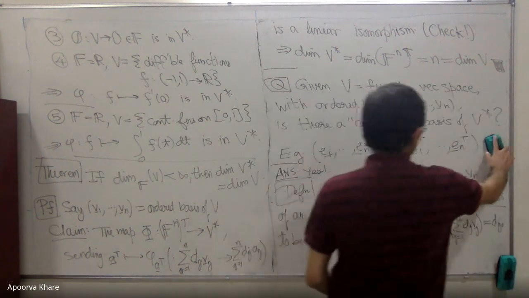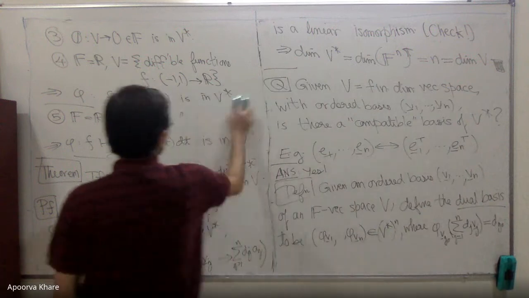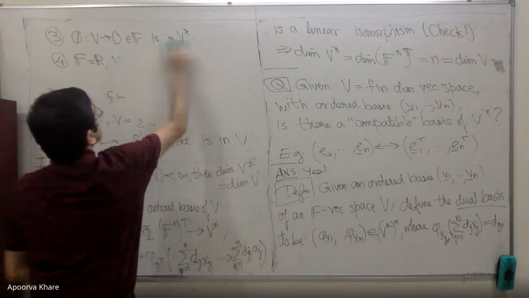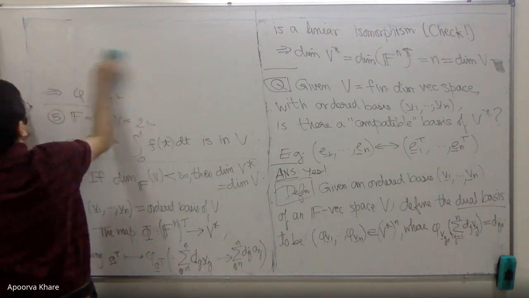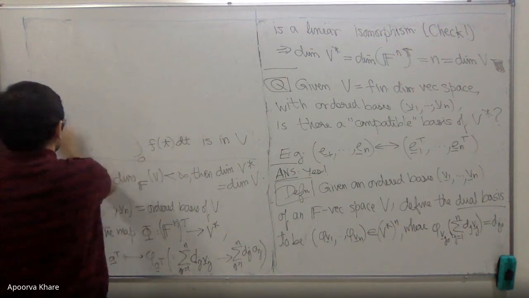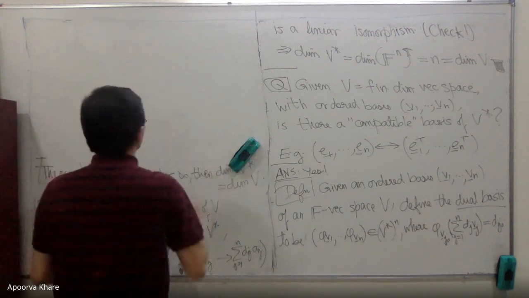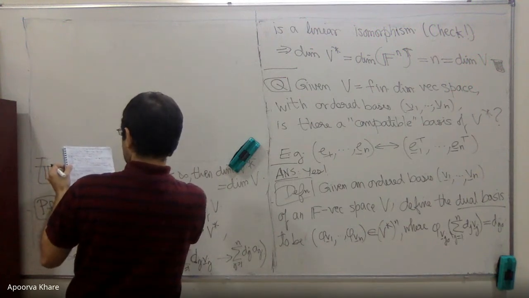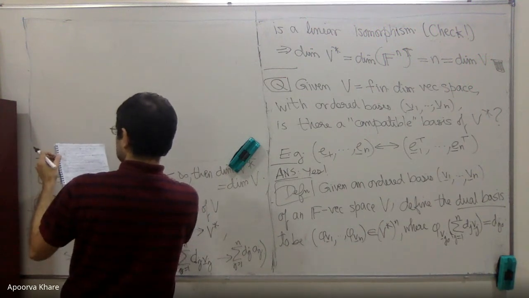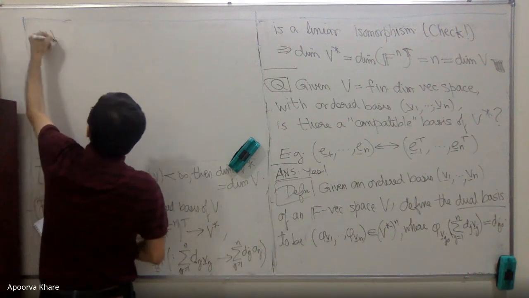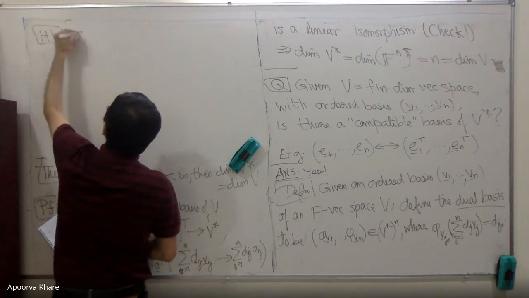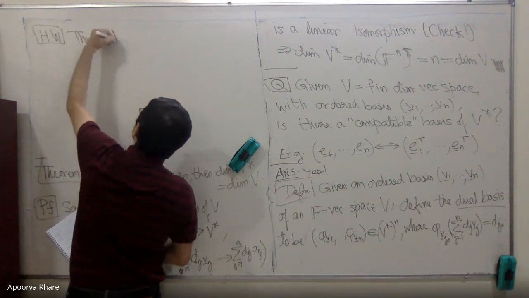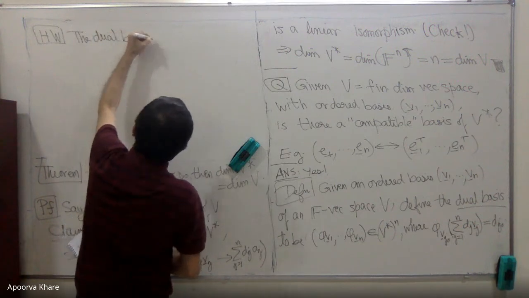Or maybe I'll say that in the proof. I won't prove it, I'll just say it. Claim one, this is a lemma or a theorem or proposition. Homework. It's a homework problem. Very nice. The dual basis is indeed a basis.